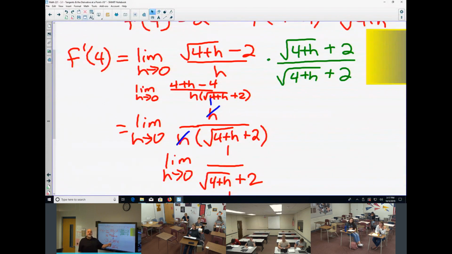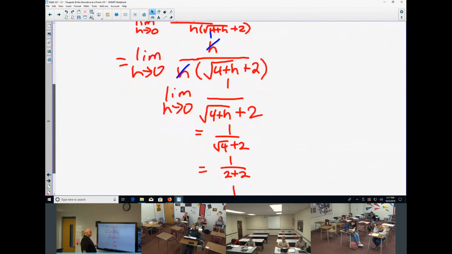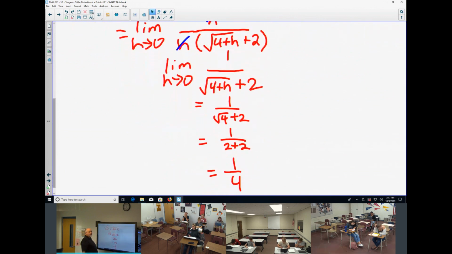Now, when you plug in, you can drop the limit sign in front. That's when you drop the limit, when you're plugging in. So now I can plug in 0 for h. And so I get 1 over radical 4 plus 2, 1 over 2 plus 2, or 1/4. So that's the slope of the tangent at that point.